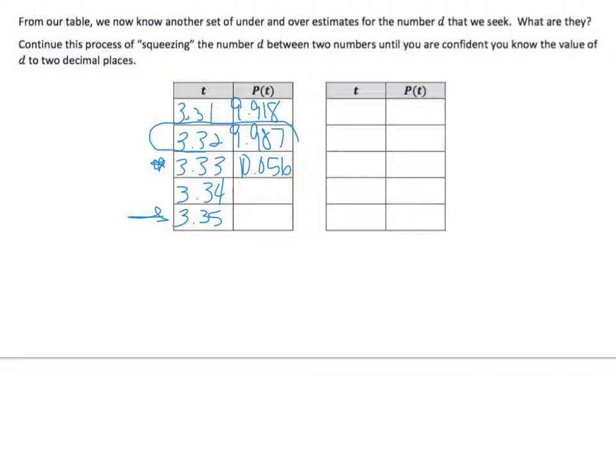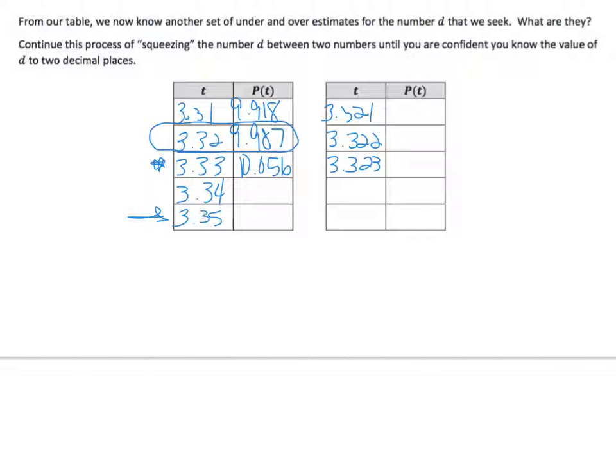So we're going to take this number and squeeze a little bit more, right? 3.32. So we'll start at 3.321, 3.322, etc.